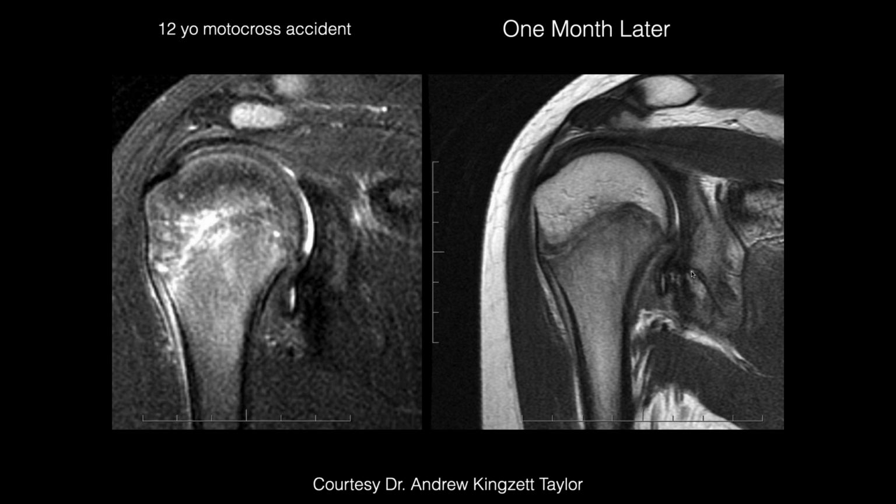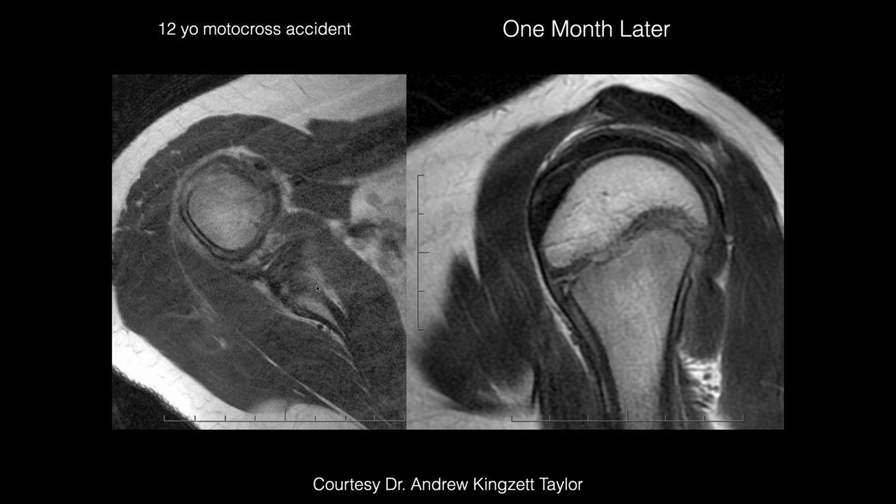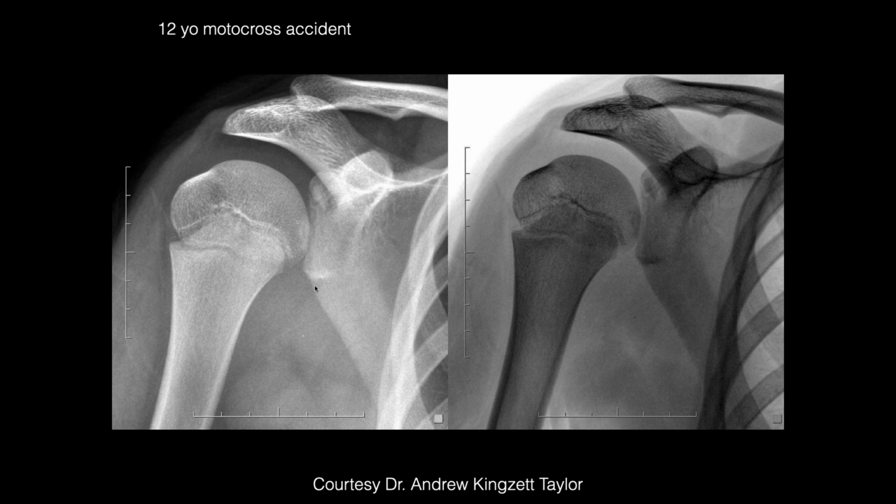But the glenoid looks markedly remodeled and abnormal there, especially since it only occurred one month earlier. I don't know if there's an inferior labral tear as well. It looks like there might be some. And the physis? Yeah, the physis has some increased signal and some widening, I thought.